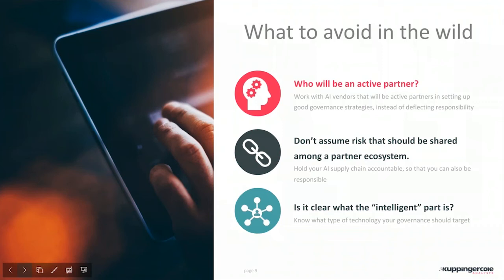So here is an outlet for my pessimistic side. Don't assume risk that should be shared among a partner ecosystem. The AI industry has the potential to turn into an exploitative chain, preying off the relative lack of knowledge and choice of different actors along this pipeline.